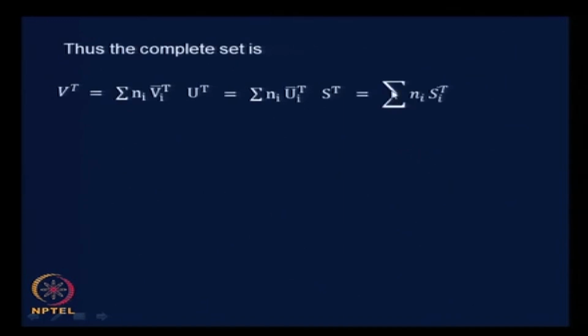St is the summation over Ni Si hat. Ht is the summation over Ni Hi hat, the partial molar enthalpies times the mole number of each component, summed over all i, which gives you the total enthalpy. At is the sum over Ni Ai hat, and Gt is the sum over Ni Gi hat.